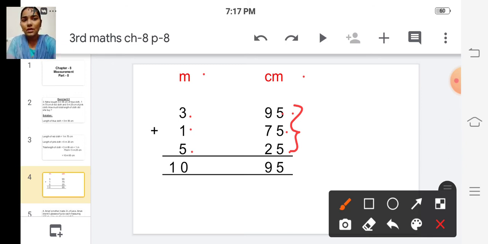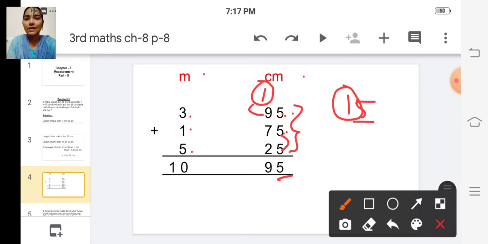5 plus 5 is 10 and 10 plus 5 is 15. 15 is a 2-digit number, so write 5 in the answer and carry over 1 to the next place. Now add: 1 plus 9 is 10 and 10 plus 7 is 17 and 17 plus 2 is 19. 19 is also a 2-digit number, so write 9 in the answer and carry over 1 to the next place.